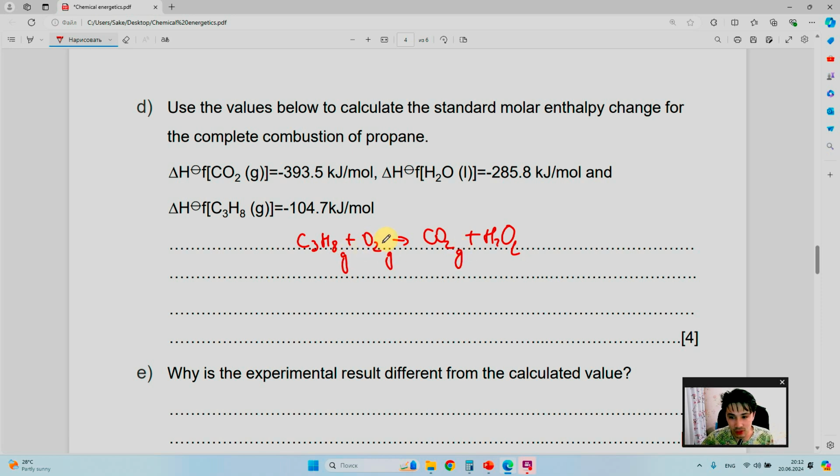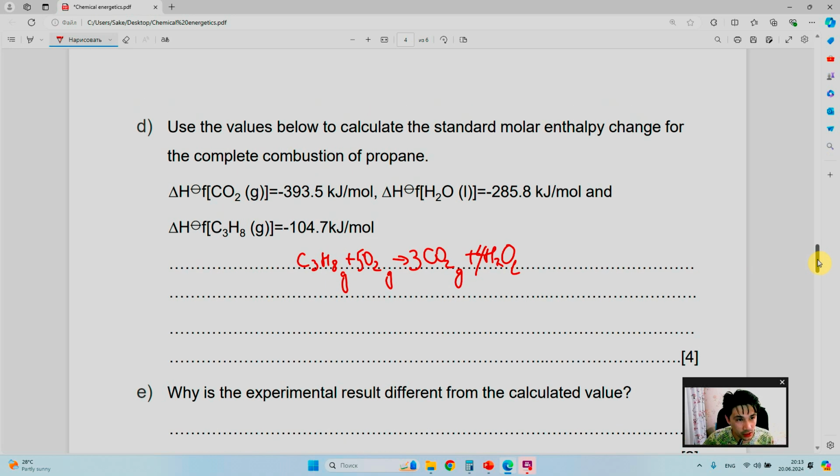Also, please don't forget to balance your equation. We have to balance it this way, and we have 10 oxygens, so we have to put 5 here. So 6 plus 4 gives us 10, and 5 times 2 gives us 10 again. Then we can go back to our calculations.